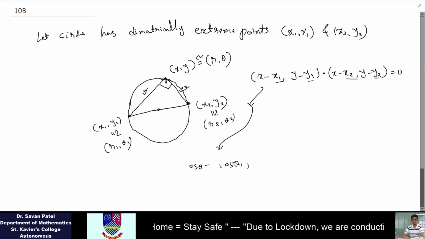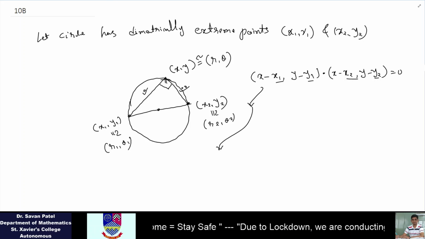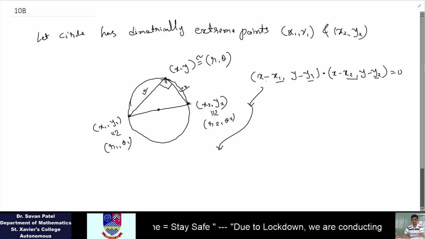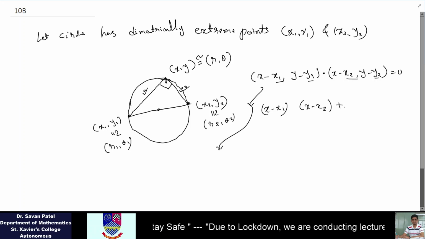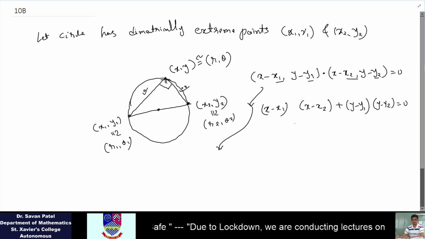Here in Cartesian form, the expansion is x minus x1 times x minus x2 plus y minus y1 times y minus y2 is equal to 0.